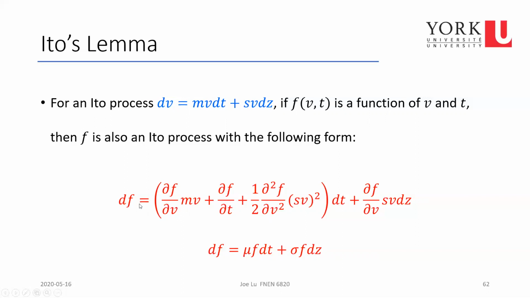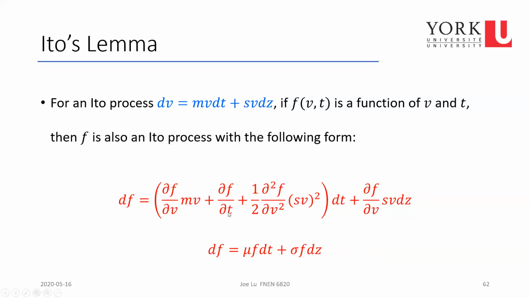So dF, by Ito's lemma, must follow this, right? Which we can write in terms of V, and in terms of the drift of V, which is m, and the volatility of V, which is s.